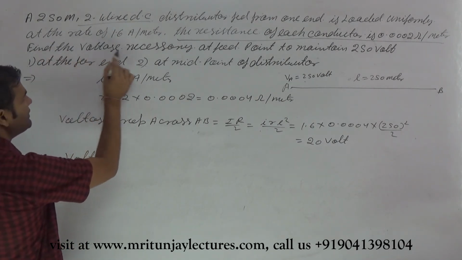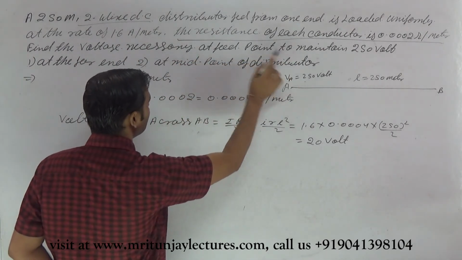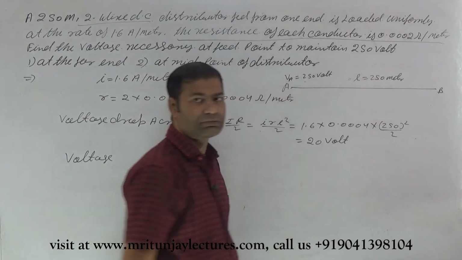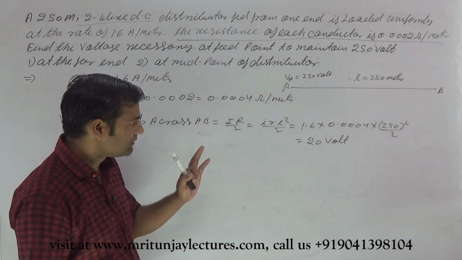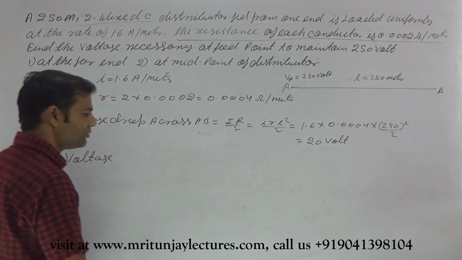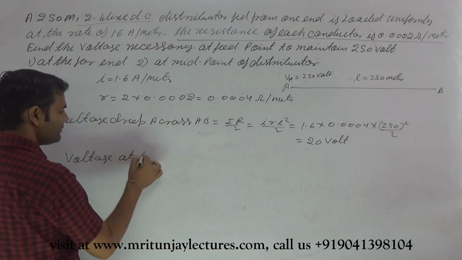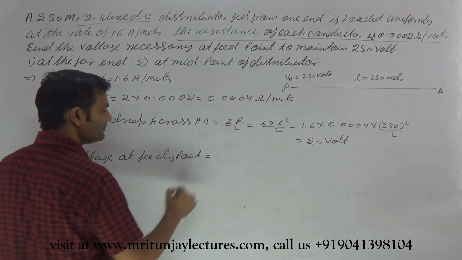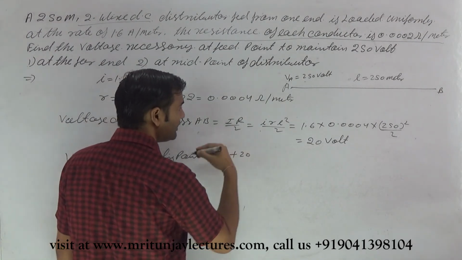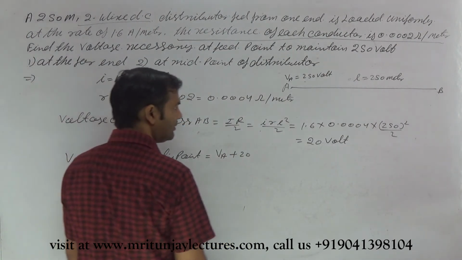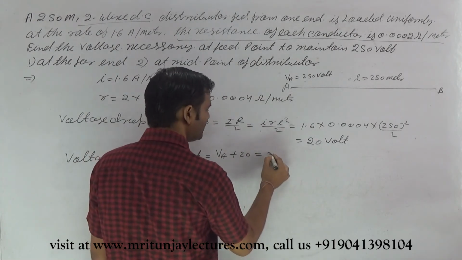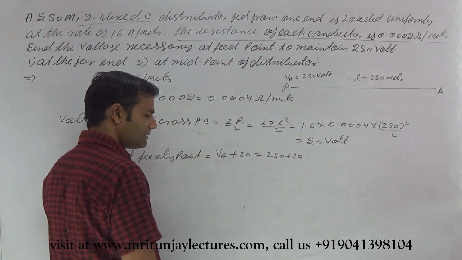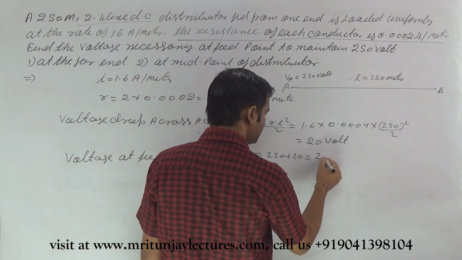Now our motto is to find the voltage necessary at the feeding point to maintain 250 volt. The voltage at the feeding point is the voltage at the end plus the voltage drop across the entire distributor, that is 250 plus 20, which is 270 volt.